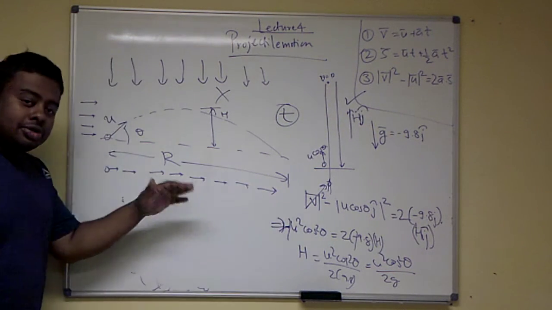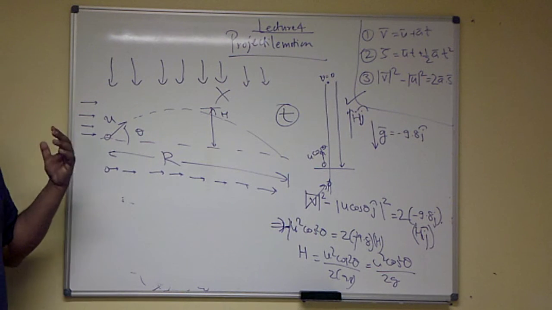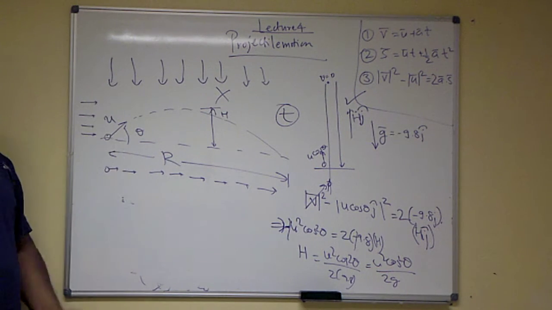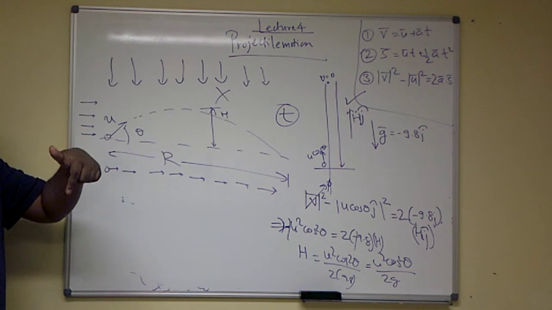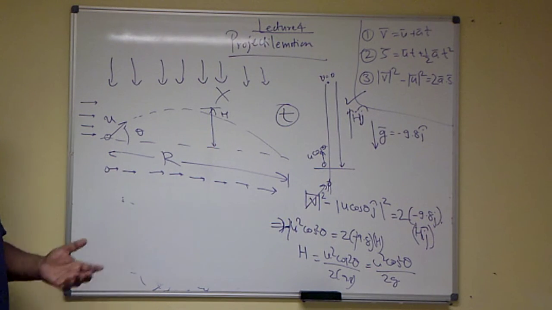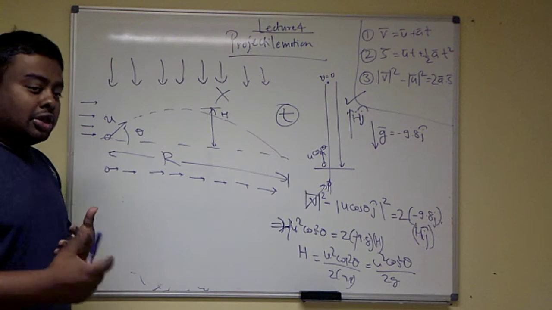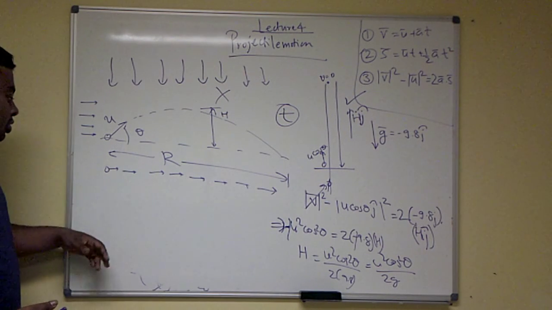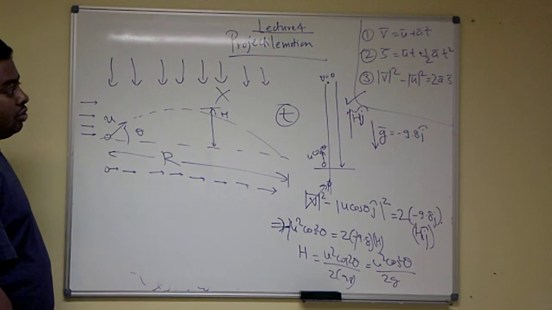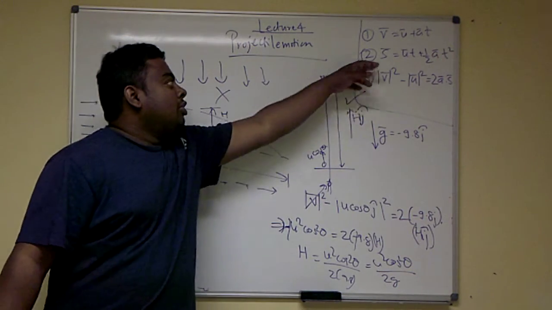But remember, in the horizontal direction there is no deceleration factor. In the vertical direction, when we were throwing the ball up, there is a deceleration factor due to Earth's gravitation. But in the horizontal direction, there is nothing like that present.